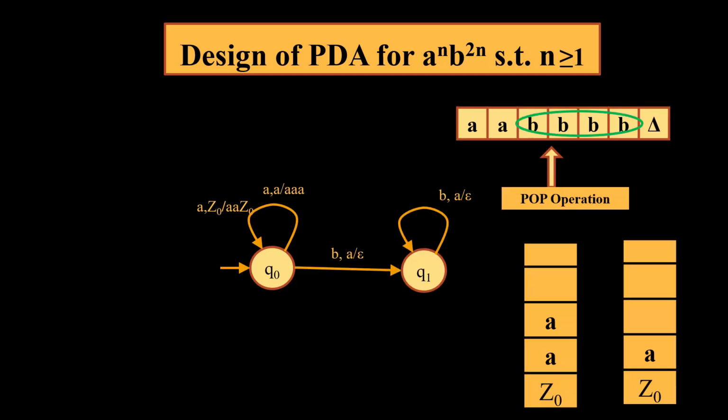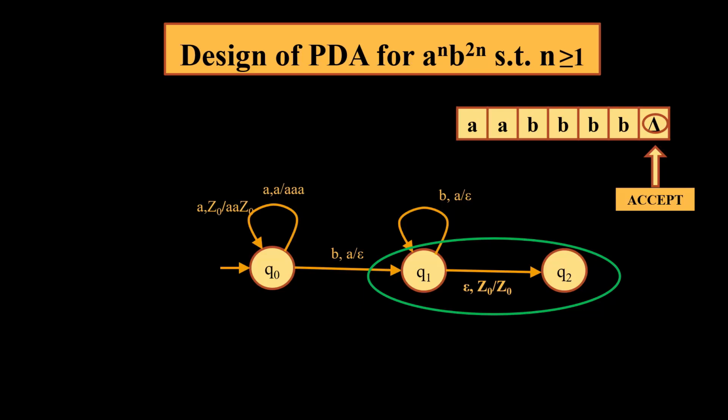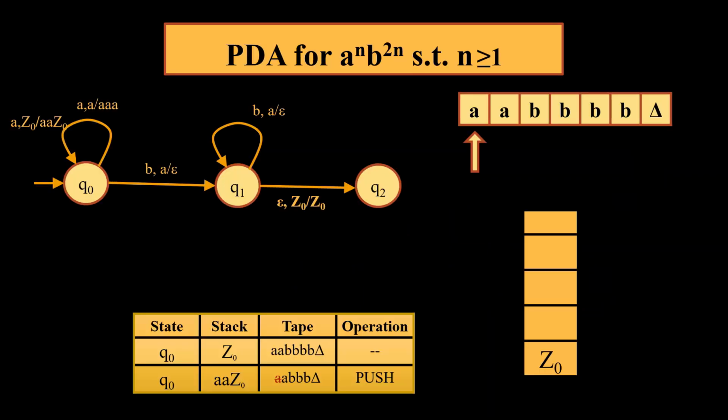For all A's, when we come across B, the pop operation begins and a state change takes place. Corresponding to every B which is read on the tape, we pop A off the stack, with acceptance by empty stack. This is the trace for A^2 B^4.